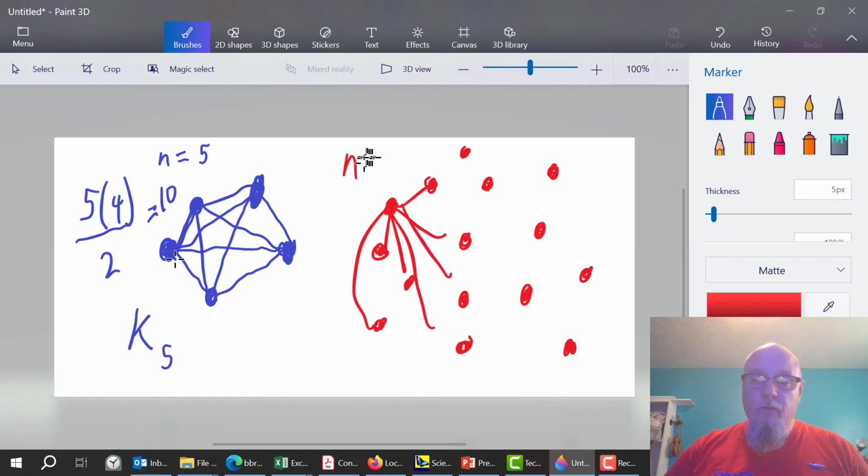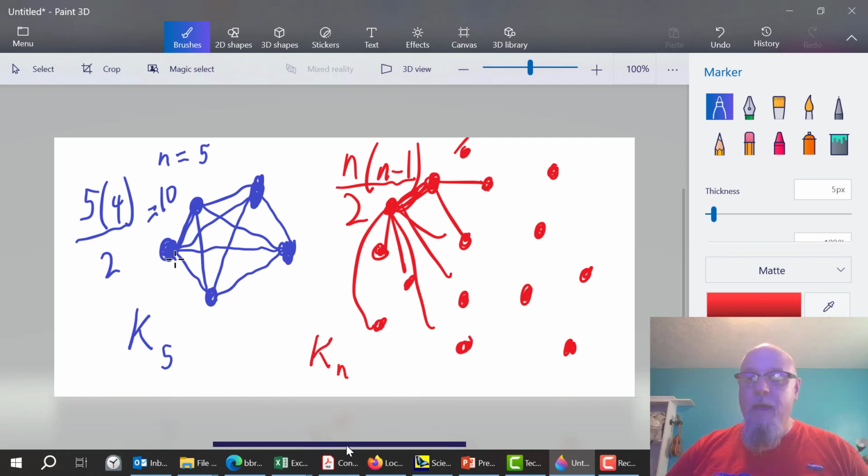So every one of those nodes is going to have n minus 1 edges going out of it. The 5 times the 4, the n times the n minus 1, but I'm going to end up double counting because when I go to connect this node to all the other nodes, I've already counted that edge. So the number of edges in a complete graph is going to be n times n minus 1 divided by 2. And that would be a graph K sub n.